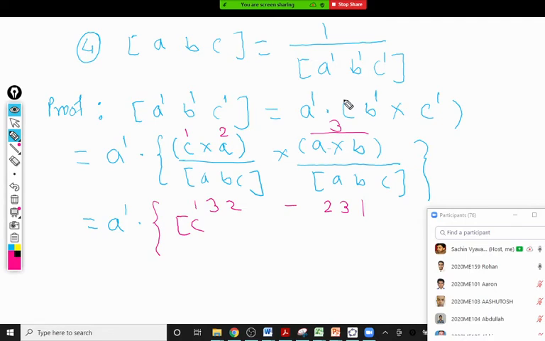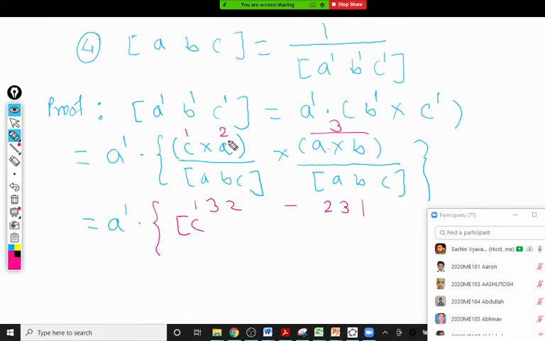Sometimes it happens that you write some meaningless step and then the entire thing goes wrong. So there should be some logic in each step. So I'm using here the definition of the vector triple product, 1 2 3 as 1 3 2.